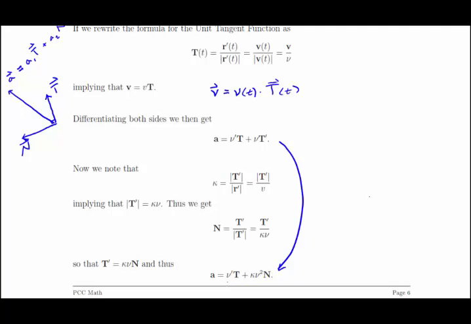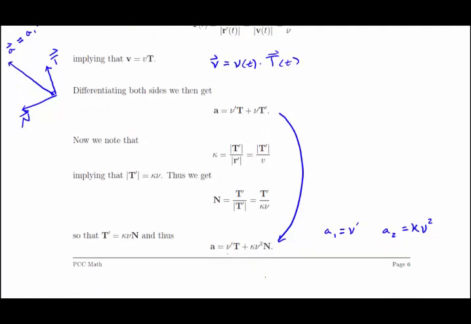And that gets us that my a1 that I'd given over here is little v prime, and a2 equals the curvature times little v squared. And this shows that, yes, we can write our acceleration as a linear combination of our unit tangent function and our unit normal function. Okay.